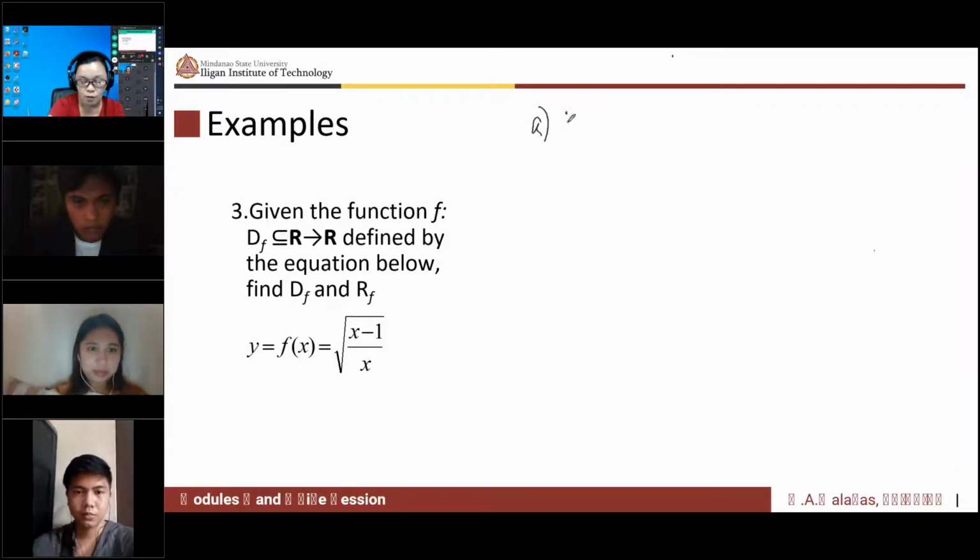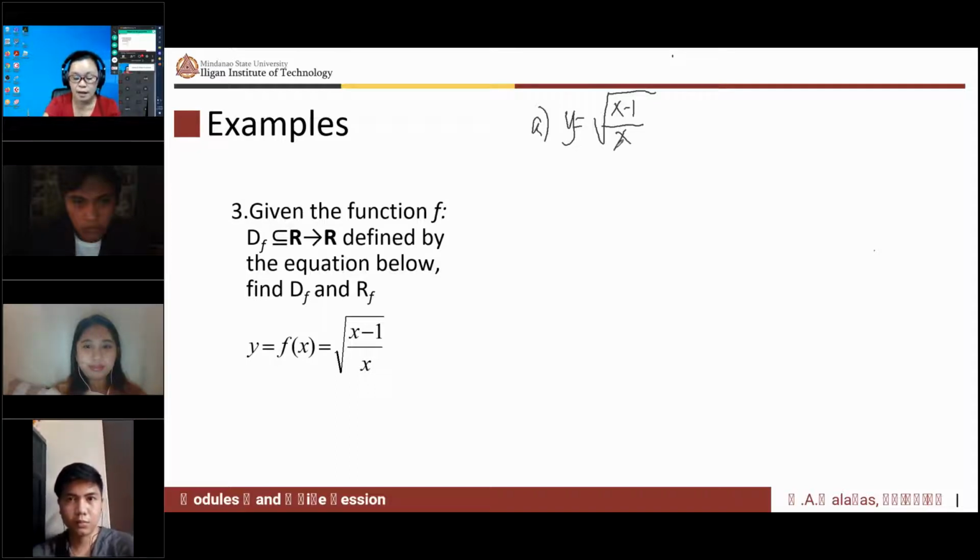So we have y equals square root of (x minus 1) over x. Remember, you have a radical here and a rational form of the radicand. Now, a radical of index 2 is well defined if x minus 1 over x is greater than or equal to 0.